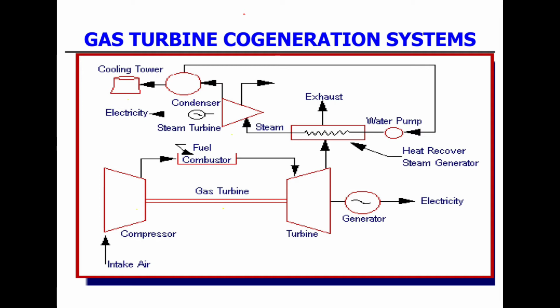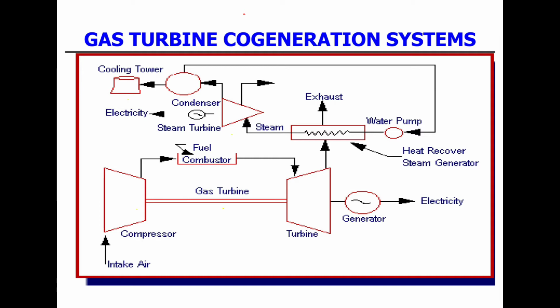The condensate water flows into the cooling tower. In that way, water circulates from the condenser to the steam turbine and from the steam turbine to the heat recovery steam generator. Through that, the gas turbine cogeneration system is achieved.